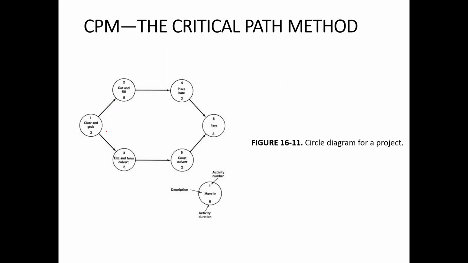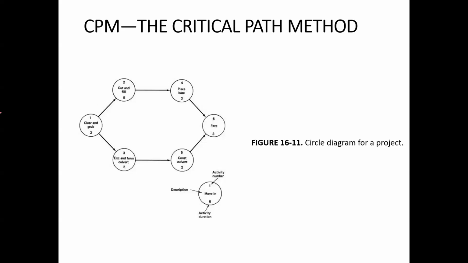Remember that in the activity on arrow diagramming method, arrows were representing the activities, but in the activity on node diagramming method, the nodes, that is these circles, are representing the activities. And the arrows connecting these circles are showing the relationships between these activities. So this is the difference between the activity on arrow and the activity on node diagram method.